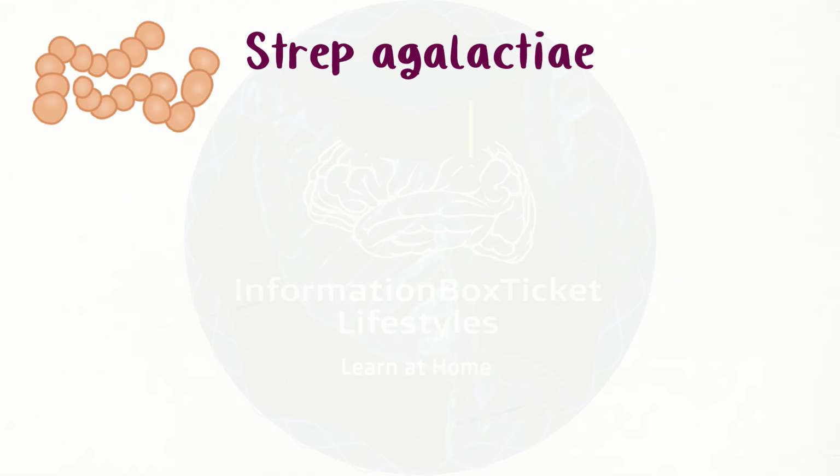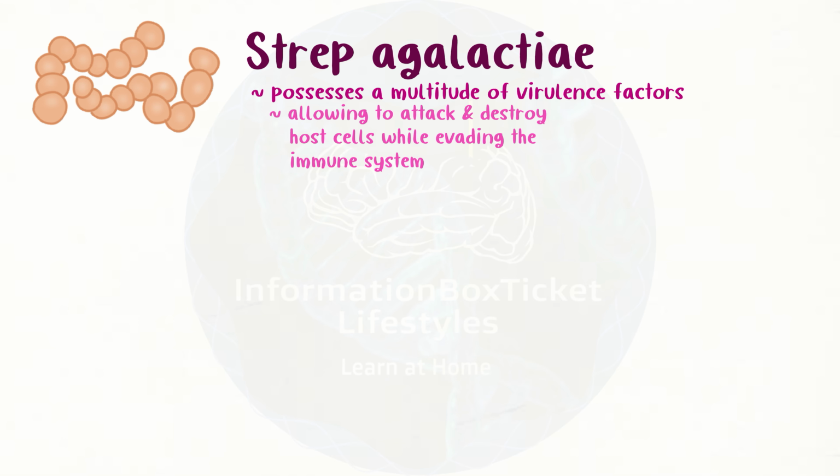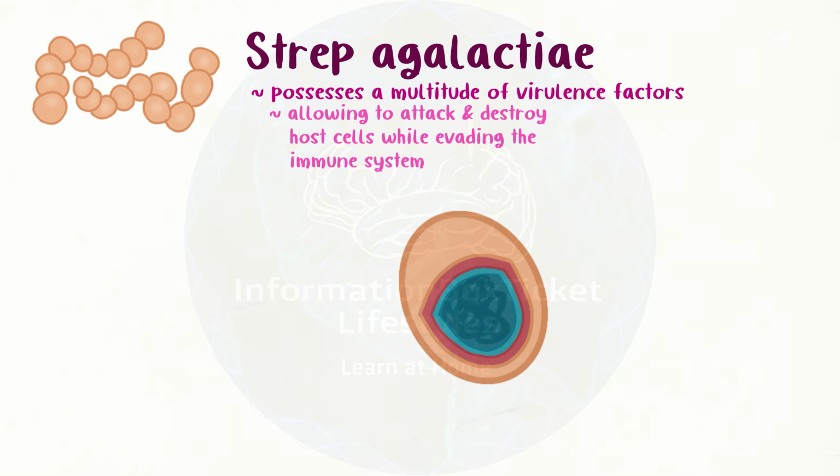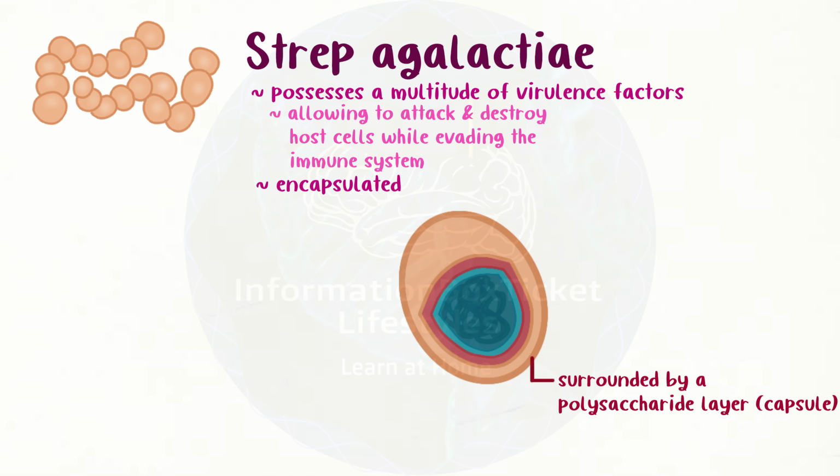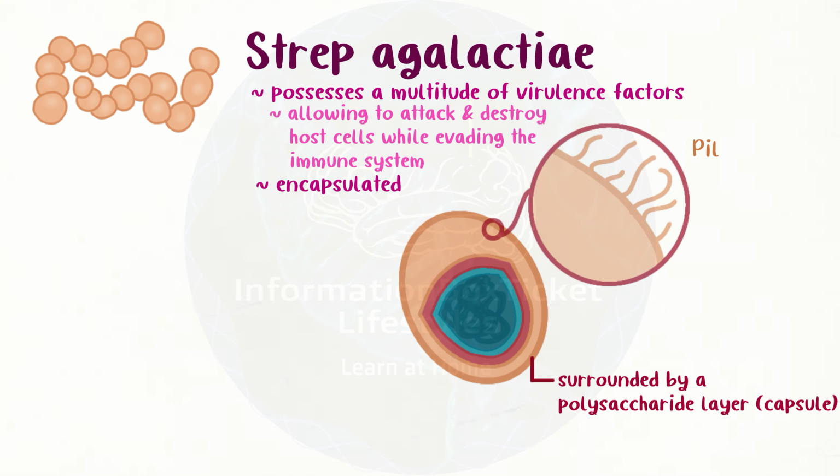Okay, Strep agalactiae possesses a multitude of virulence factors, which act as assault weapons, allowing it to attack and destroy host cells while evading the immune system. First, Strep agalactiae is encapsulated, which means that it is surrounded by a polysaccharide layer known as a capsule. The capsule also contains pili, which are hair-like extensions that aid bacterium attachment to a host cell.